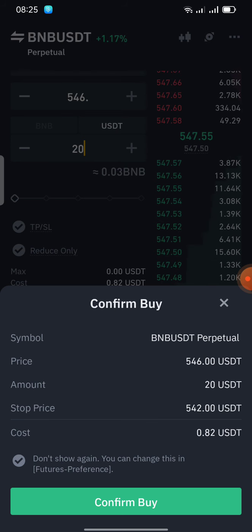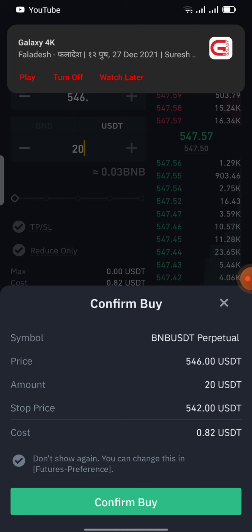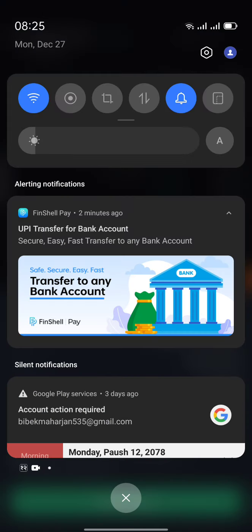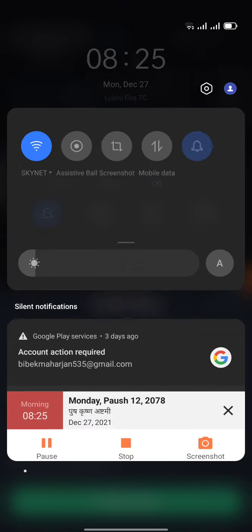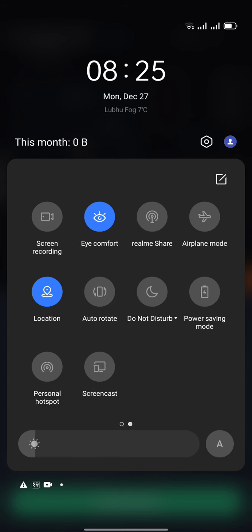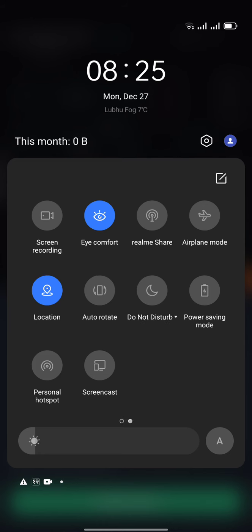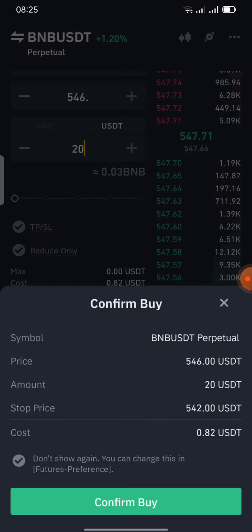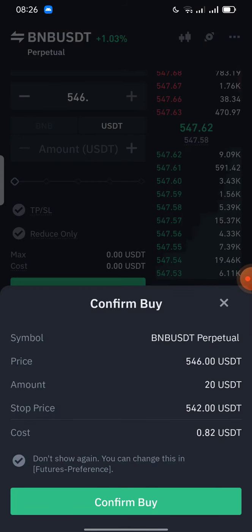So I buy BNB, paid with USDT. So you can do confirm buy over here.